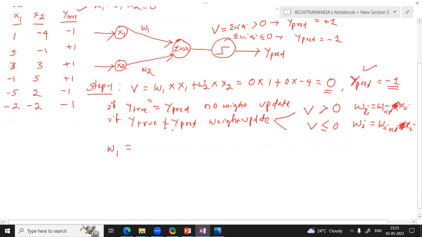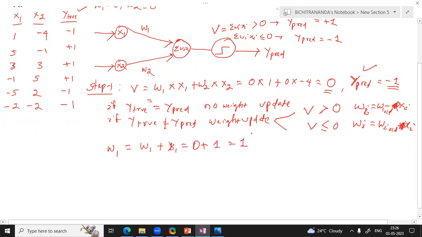W1 is equal to w1 old plus x1, where x1 equals 1. W1 initially is 0, so 0 plus 1, so w1 equals 1.